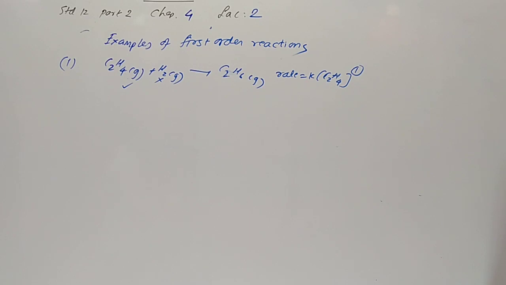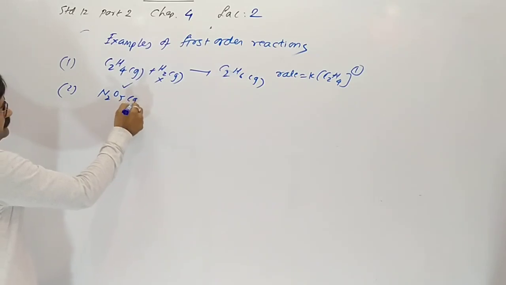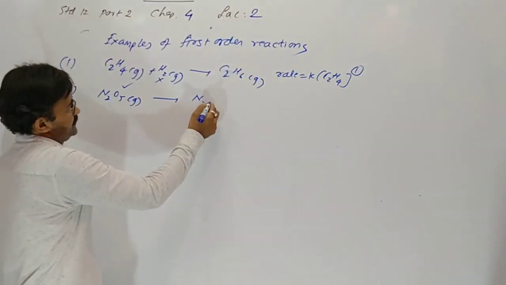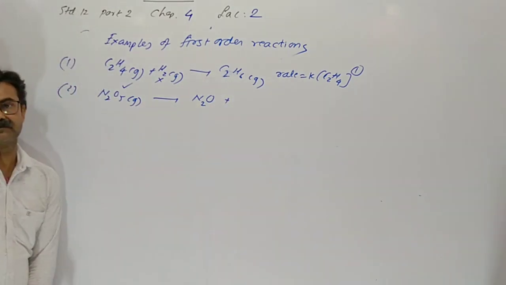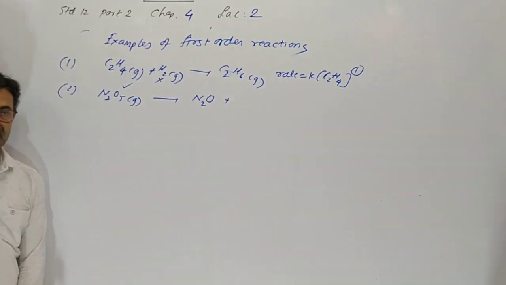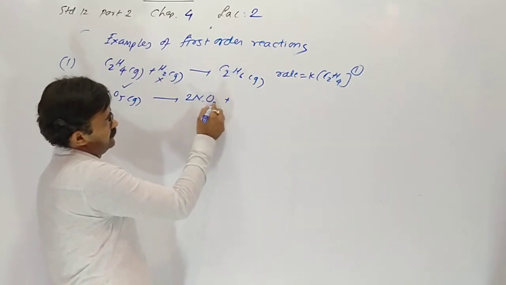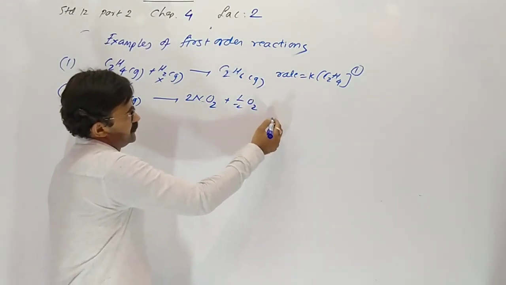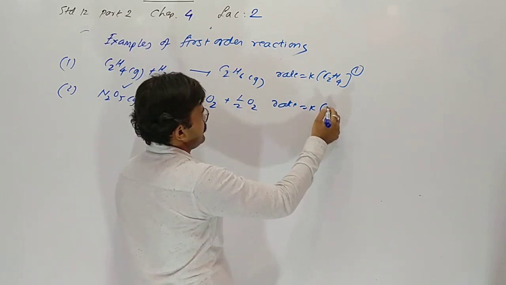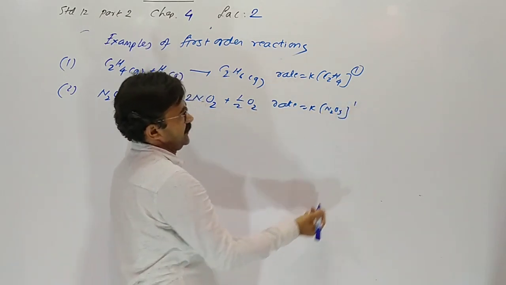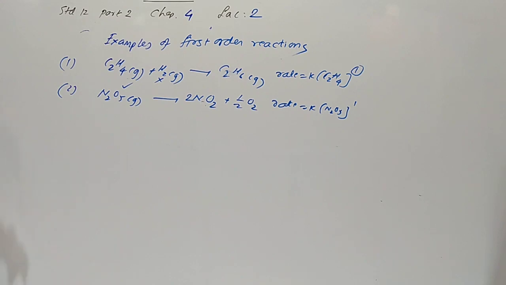Now in the second case, decomposition of N2O5. N2O5 decomposes and gives N2O plus 2NO2 plus 1O2. So here rate is equal to K N2O5 raised to 1, order is 1.